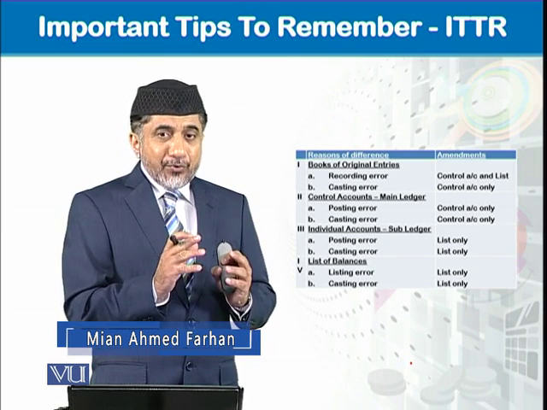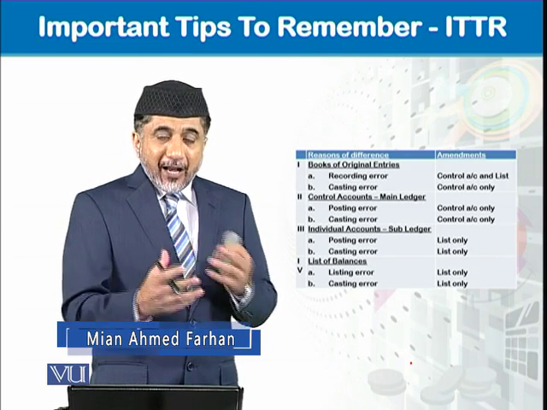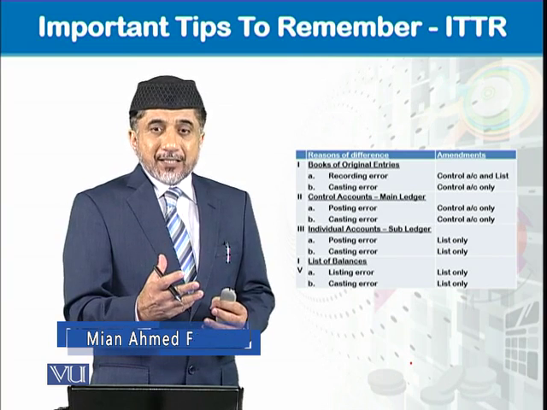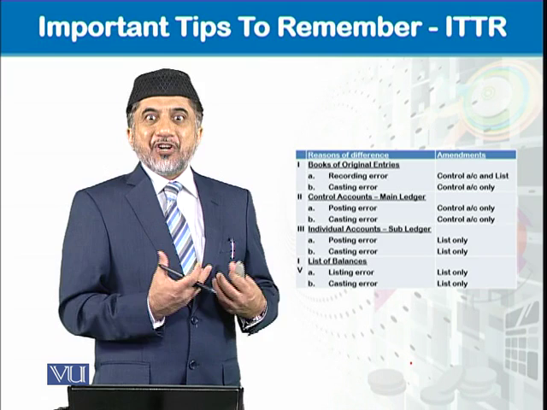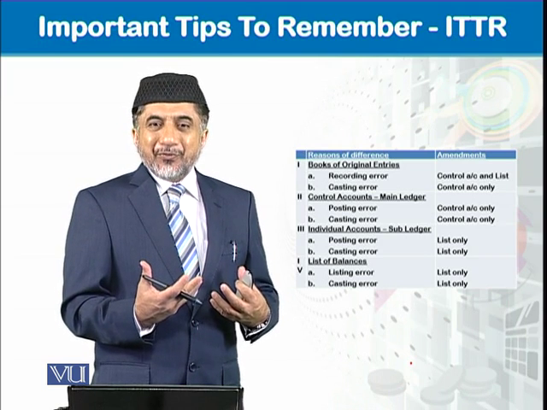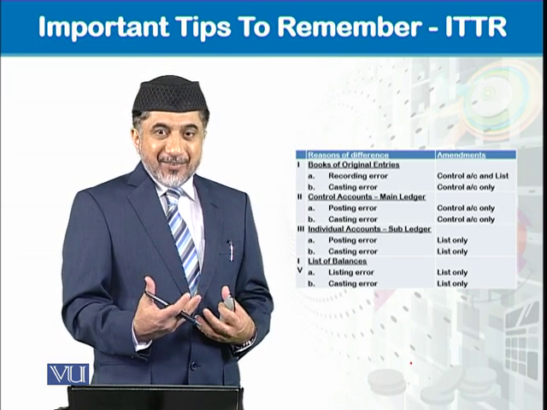So if you are good at developing your correct concepts, then all these things will give you enjoyment. And then you will feel that, wow, I'm a very good accountant.